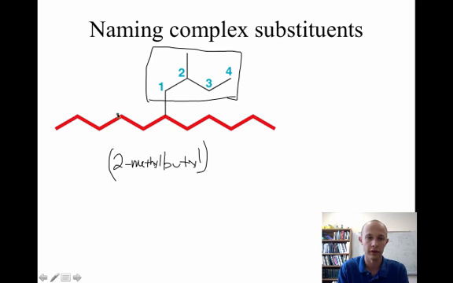This is 1, 2, 3, 4, 5, 6, 7, 8, 9, 10, 11. We didn't even learn how to name 11-membered compounds, but that's called undecane. And this is at the 6 position, so 6-(2-methylbutyl)undecane. Again, probably not going to have any examples of these.